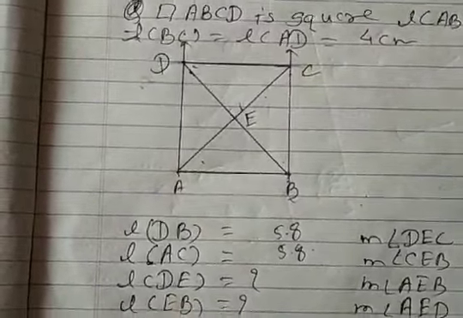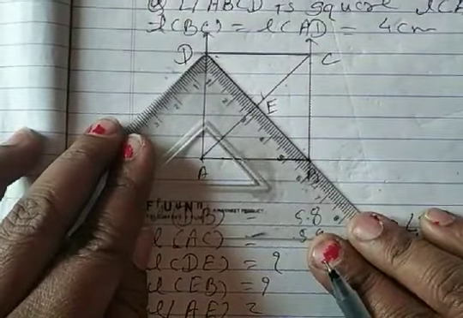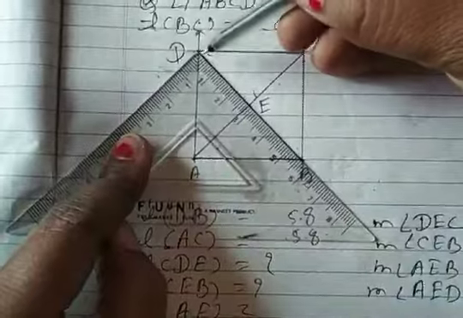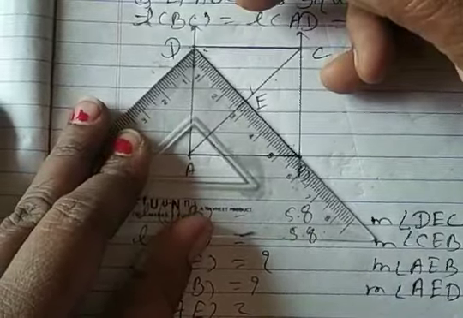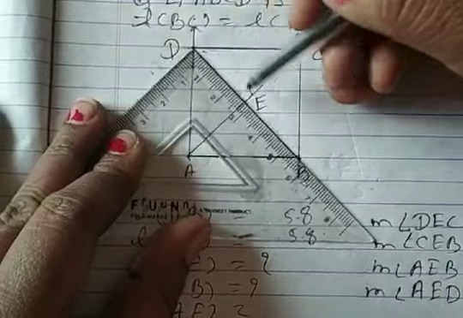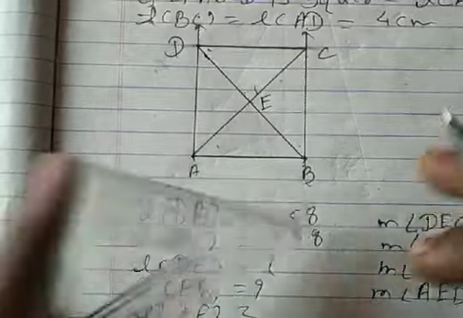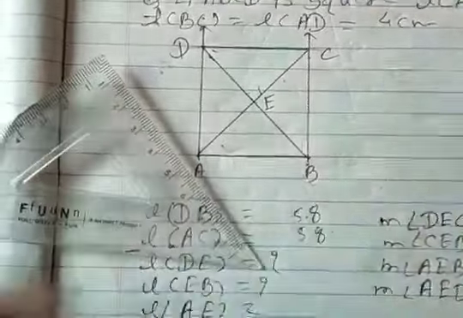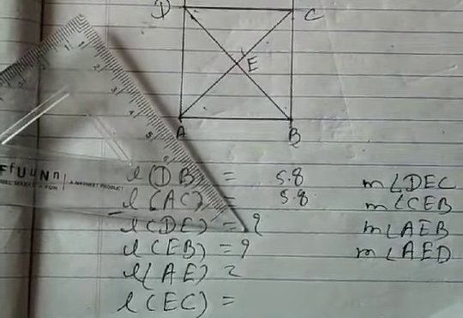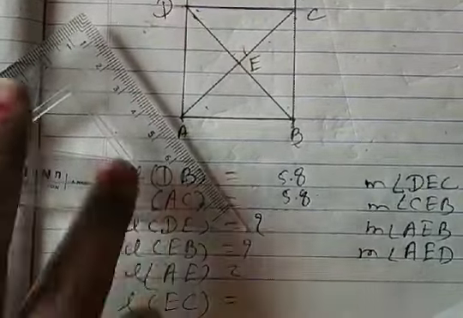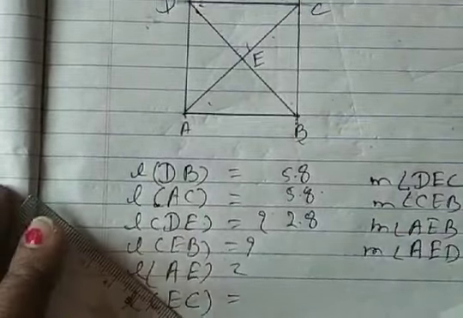Now we will see the measure of DE. If you see here, you will notice that the measure of DE is 1 point approximately 6. If you divide 2.6, so here the measure of DE is equal to 2.8.